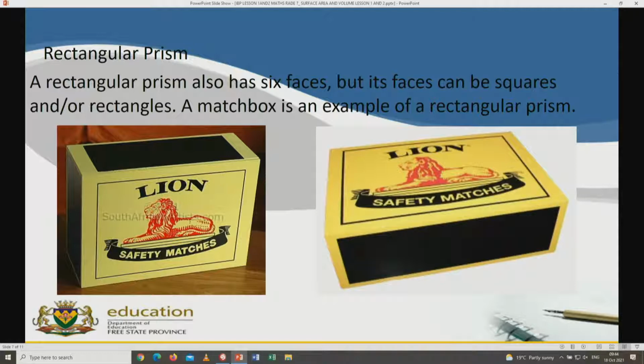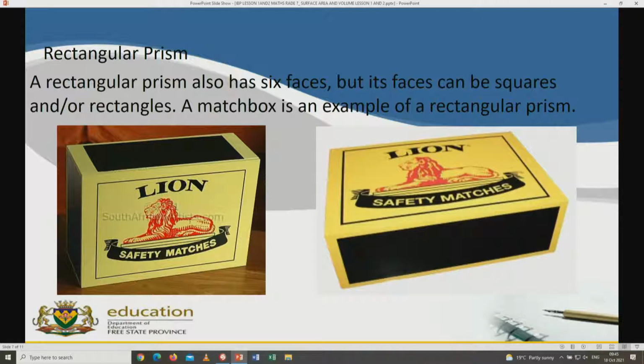It is a matchstick box, and what do we say this shape or object in mathematics is? Let us identify this matchbox. It is a rectangular prism, and a rectangular prism has how many faces? It has 6 faces.